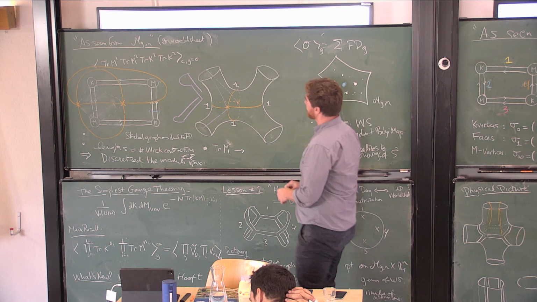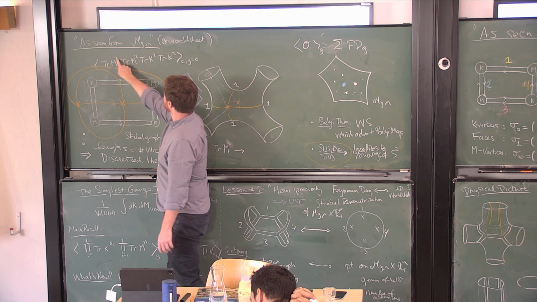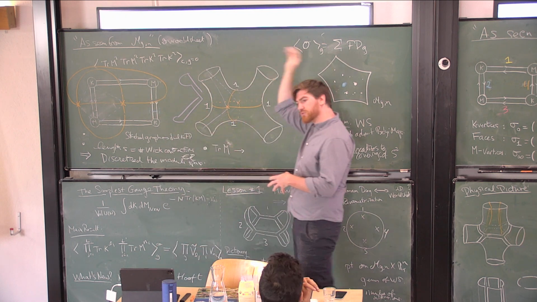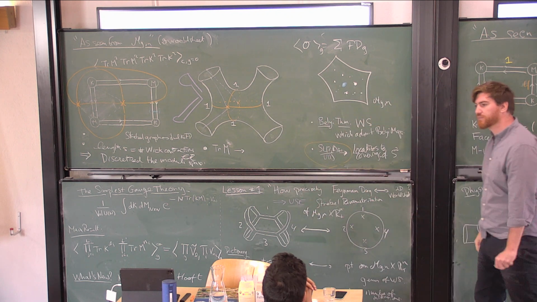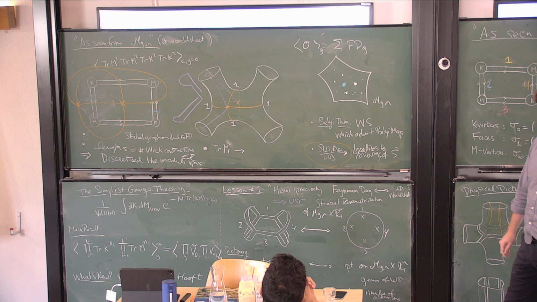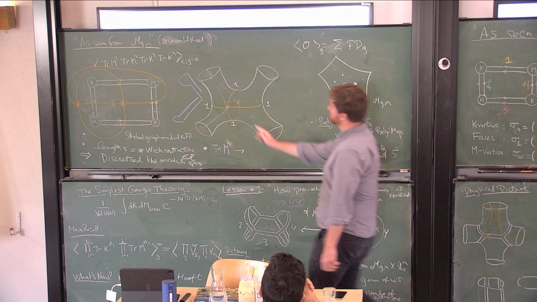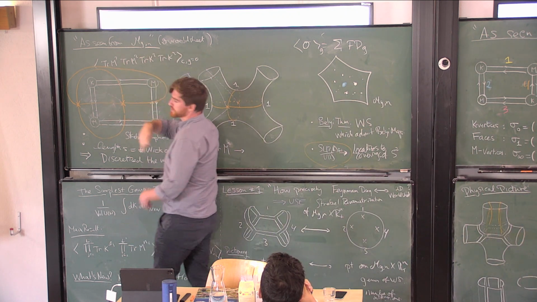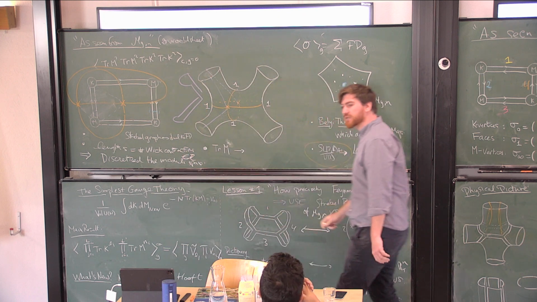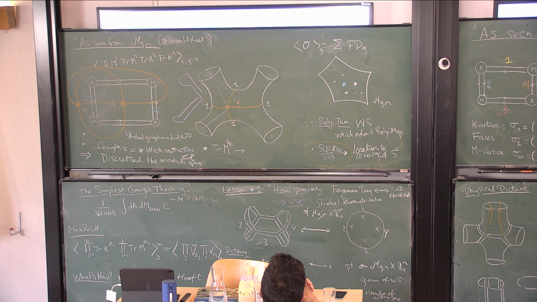So something like the sum of those to, I think, 3g minus 3 plus n or something. I don't know. Well, yeah, I mean the sum of these powers to that power, I guess.